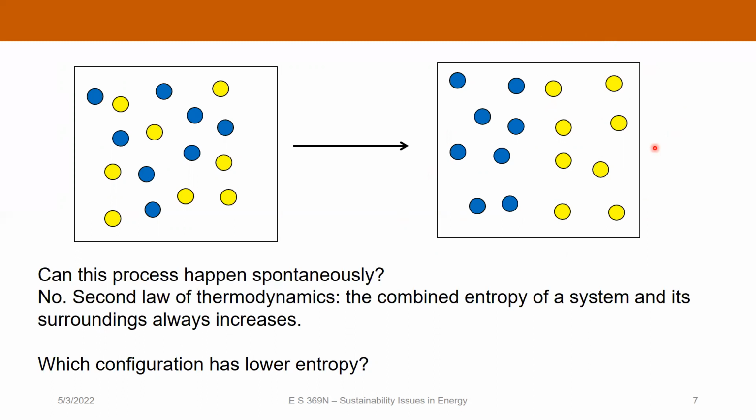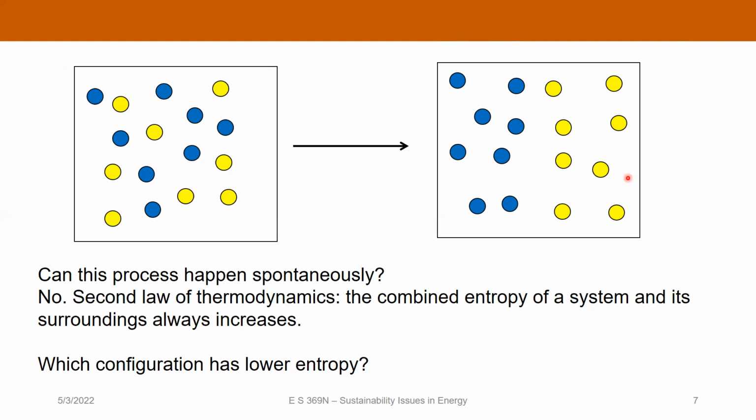The combined entropy of this system and its surroundings always has to increase. And so the lower entropy state obviously is going to be this one, because it's a more ordered state than this. So if we consider a process that's going to go from high entropy to low entropy, we need to combine this system with some surroundings where you're going to balance this reduction in entropy with an overall increase in entropy in the surroundings, okay?